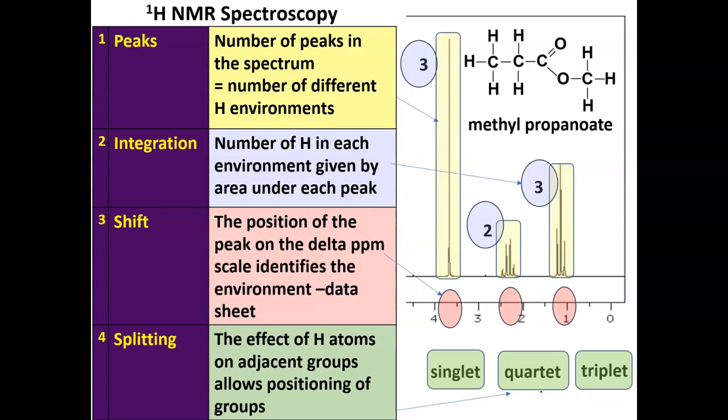The number is posted alongside usually the top of the peak or to the side of it, and that number tells us the number of hydrogens in that particular environment. This is called the integration and is essentially measured the area under each peak. And quite clearly, that's really handy when trying to distinguish a CH3 from a CH2 and other groups, of course.